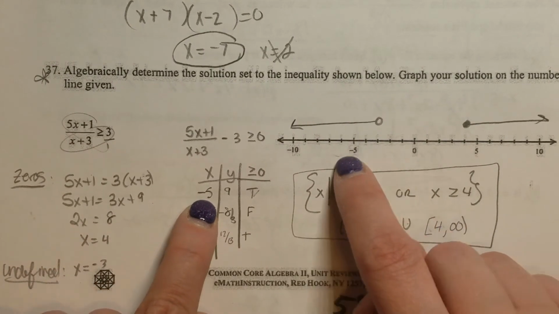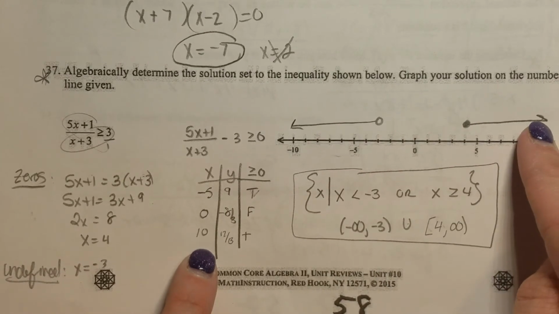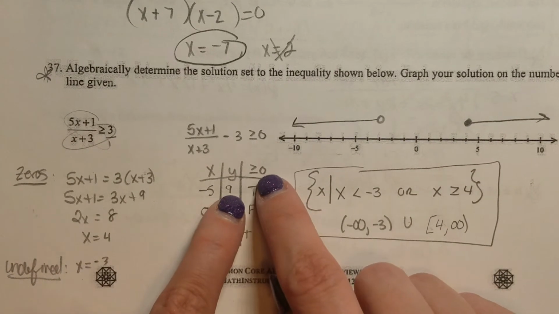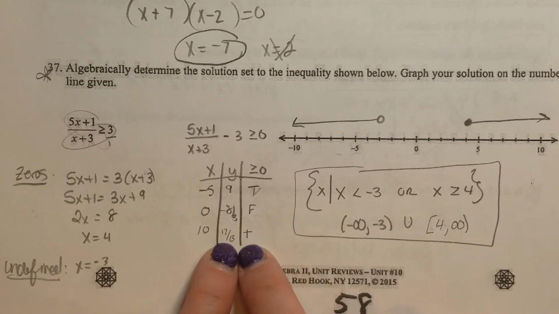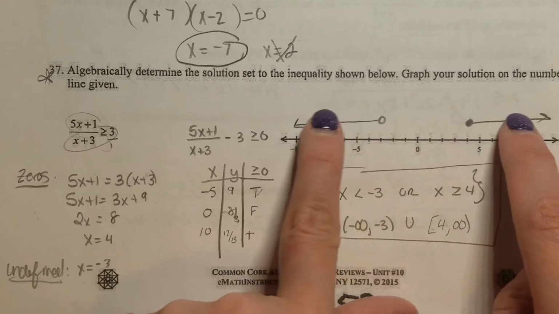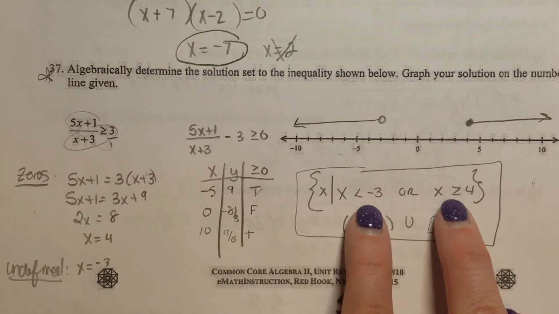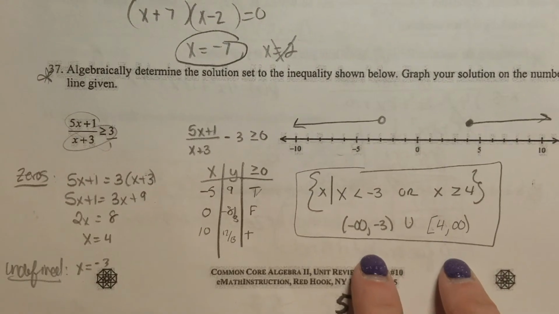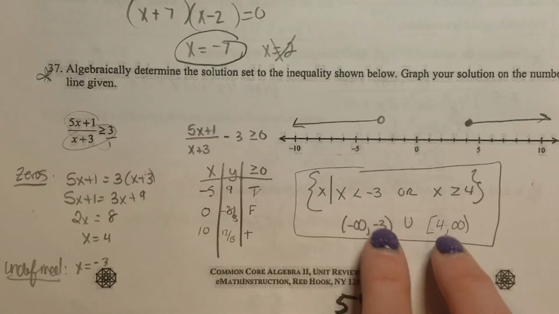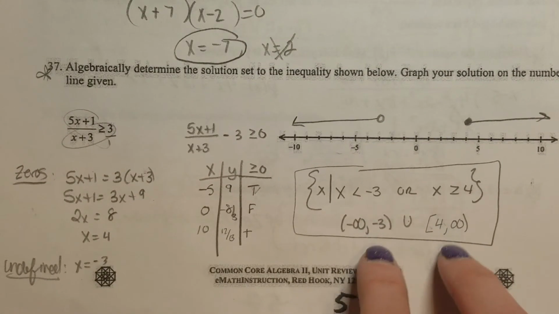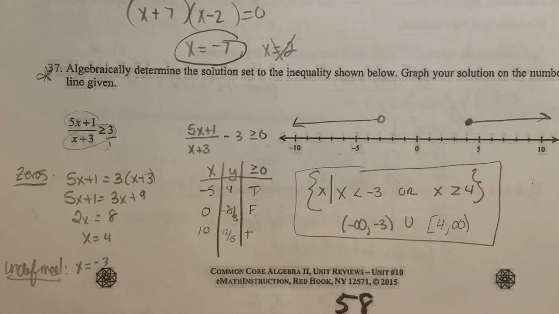So I chose -5 right here, I chose 0, and then I chose 10. Comparing it to is it greater than or equal to 0? True, false, true. So I knew that I would shade over those values, and then I would write it in interval notation, but make sure you also know how to write it in set builder notation. This is set builder notation. This is interval notation. Make sure you know how to write it in interval notation. Hint, hint. Okay?